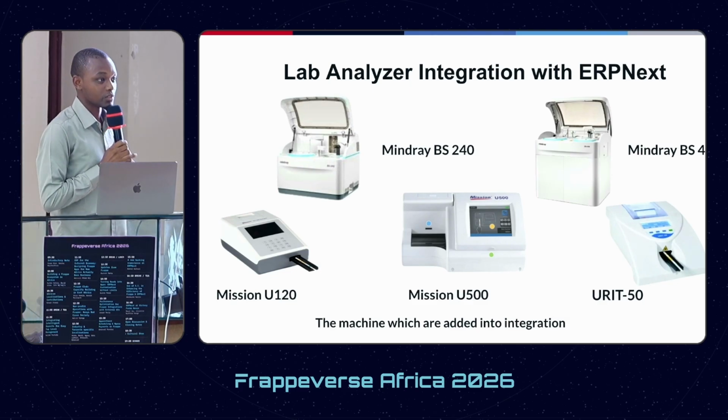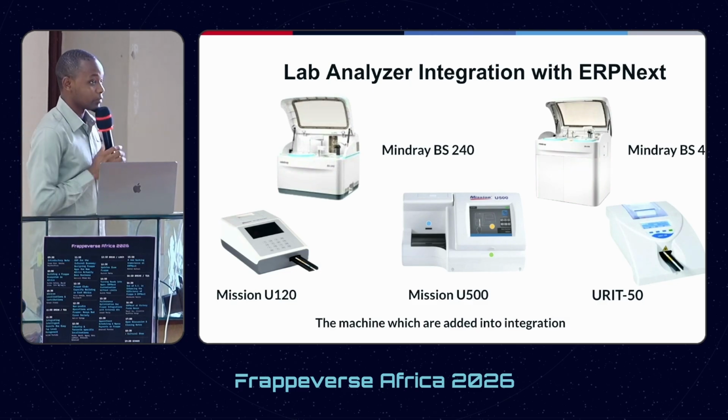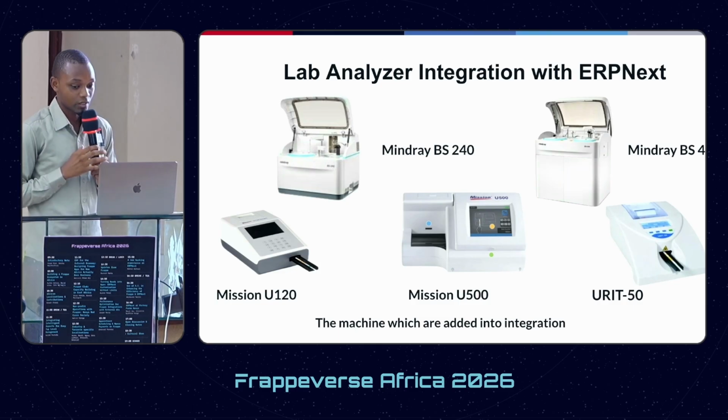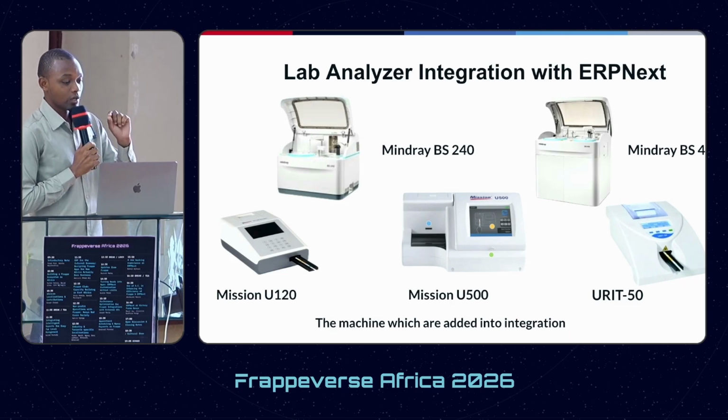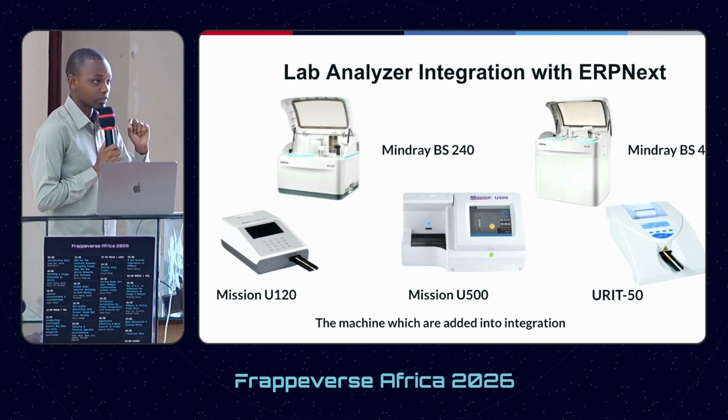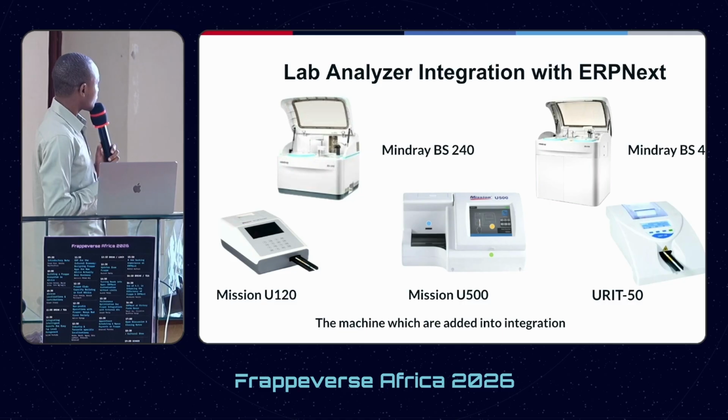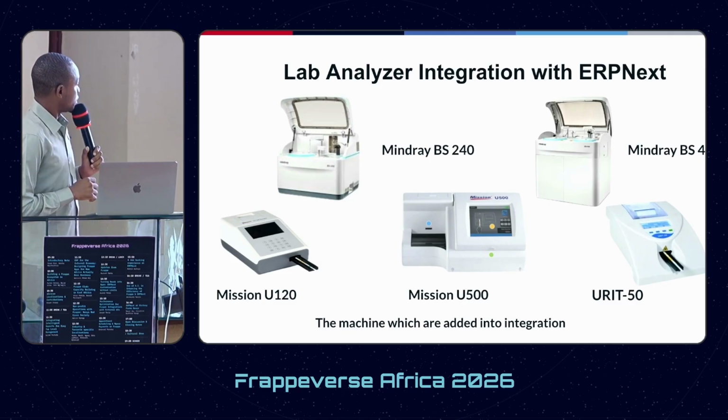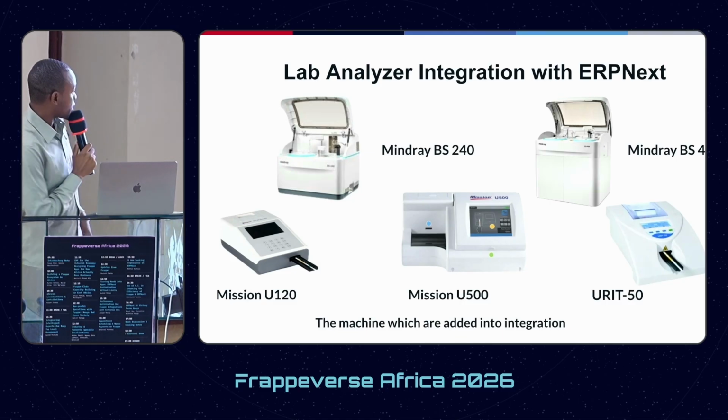These machines use the serial mode of communication, so you need to connect the machine directly to the computer which the lab member is using. So we have been able to integrate these machines also.